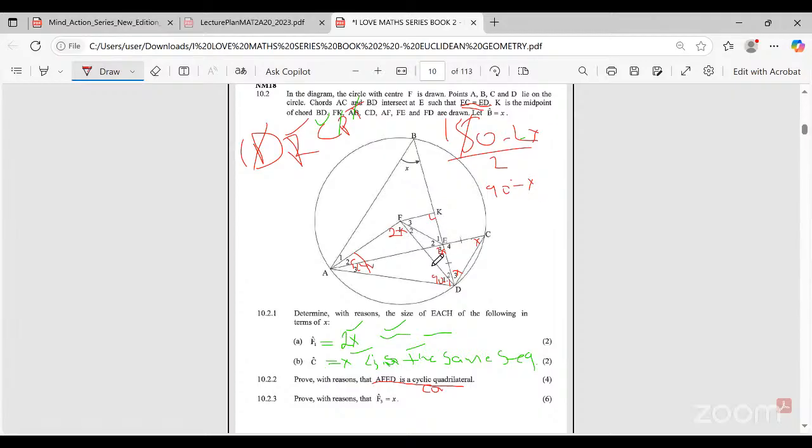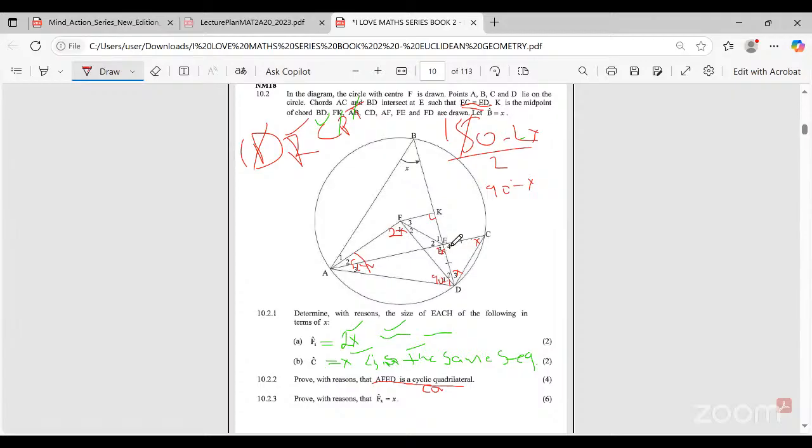Okay, then let's see. Then that implies that this whole angle here, okay, this is 90, this is x, this angle here, is it 90? Oh, okay, no, it's not. But what can we do?